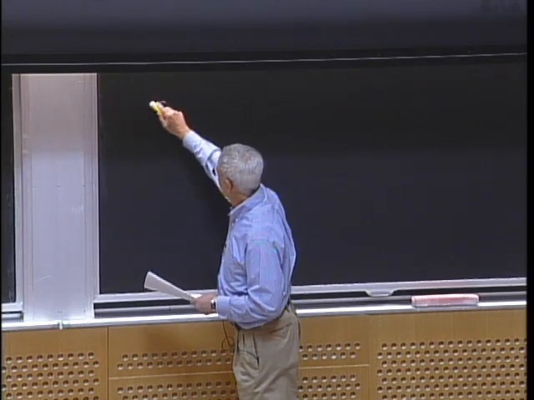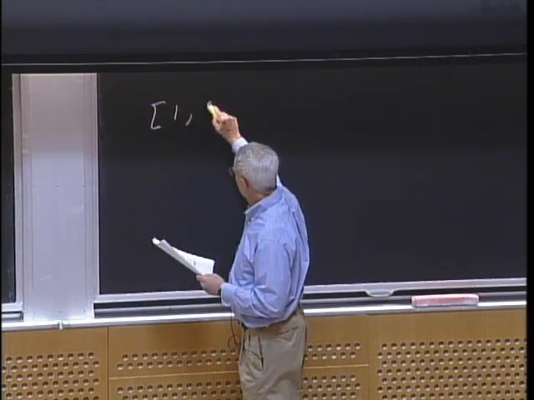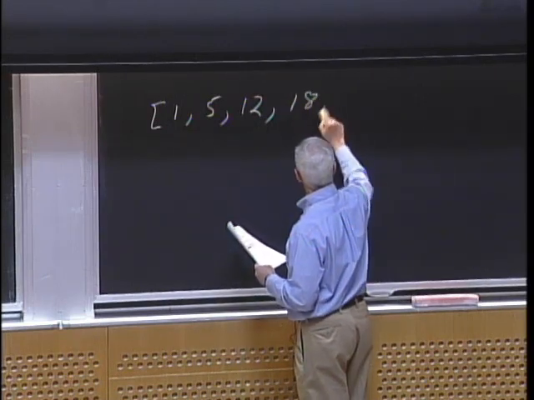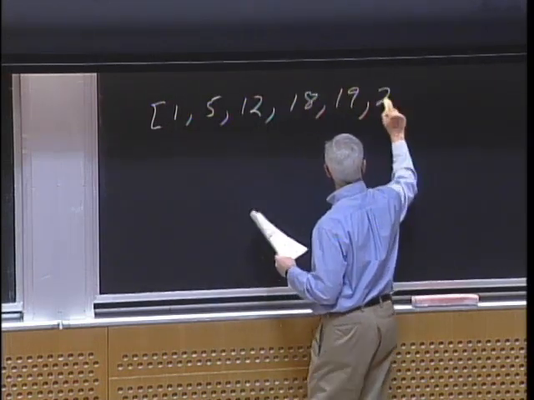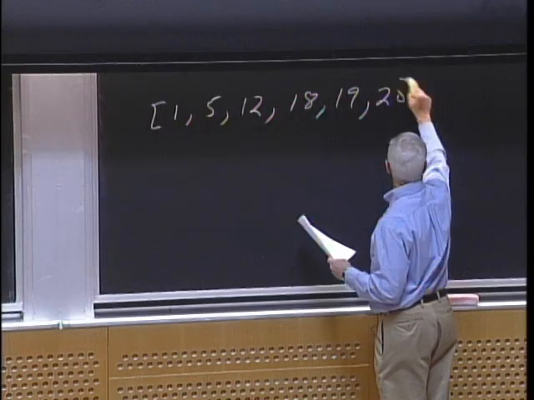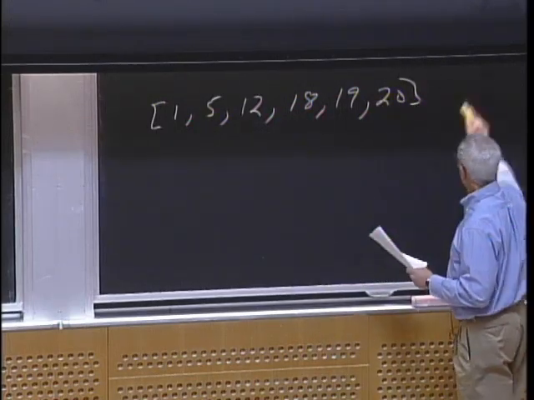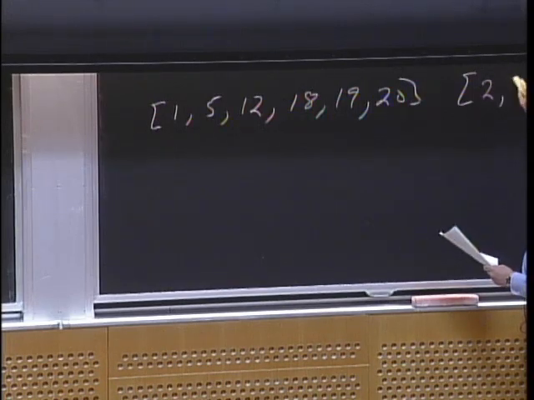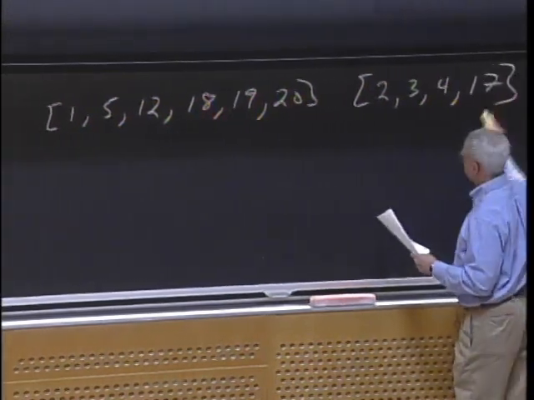I'll take the lists 1, 5, 12, 18, 19, and 20. That's list 1. And I'll try and merge it with the list 2, 3, 4, and 17.